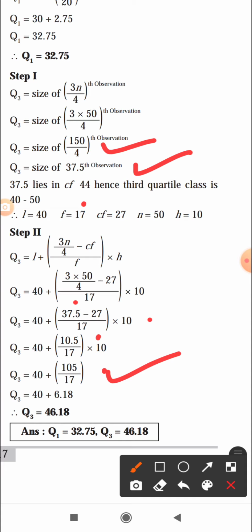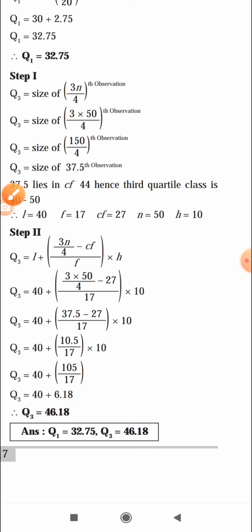The answer of 105 upon 17 is 6.18. So 40 plus 6.18 is 46.18. So the value of Q3 is 46.18.